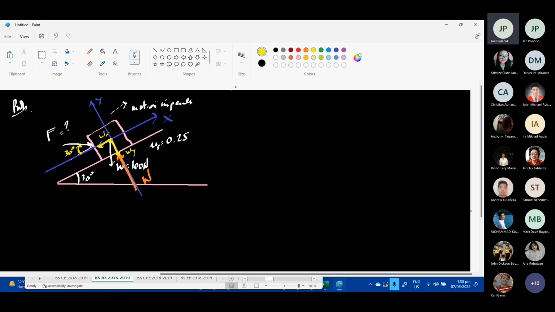So how do we determine the normal force? We take the summation of forces along y equals 0. What will be our equation for the summation of forces along y? Can you tell me? Going up minus going down. Force positive y and force negative y. Anyone?